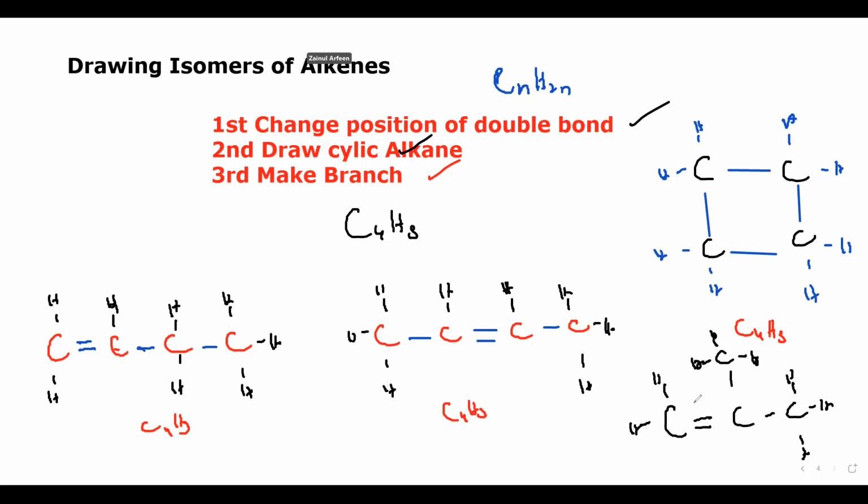So we can change the position of the double bond, make a cyclic, or make a branch. But I advise only doing the first two: try to change the position of the double bond, and second, make a cyclic alkane. But don't go into branches, as it will make a complicated structure. Is it clear how we can draw the isomers of alkenes?